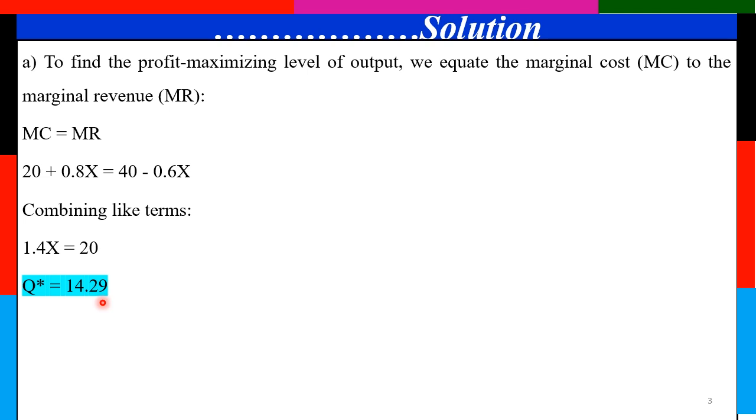In order to get the output at socially optimum level, you have to equate the marginal social benefit to the marginal social cost.